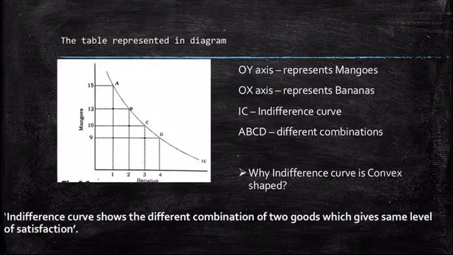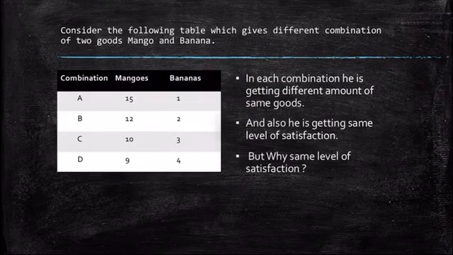Let us go back to the table and observe it again. While he is moving from one combination to another combination, he is gaining one particular good, whereas he is sacrificing some quantity of the other good. While he is moving from B to C, he is sacrificing 2 units of mangoes to get 1 unit of banana.